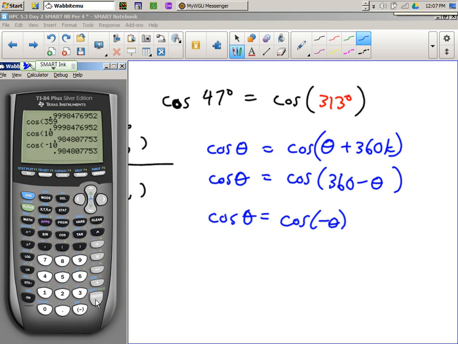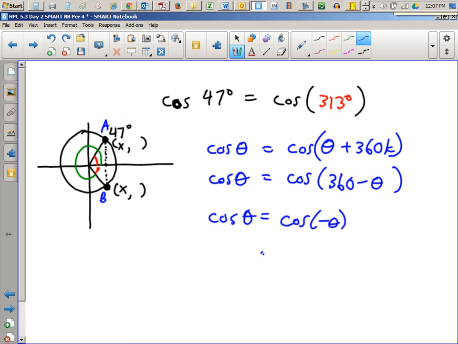Sure enough, 0.9848. What do we call a function where f of x and f of negative x are identical? That's an even function. What kind of symmetry does it exhibit graphically? So cosine is an even function. This has y-axis symmetry.